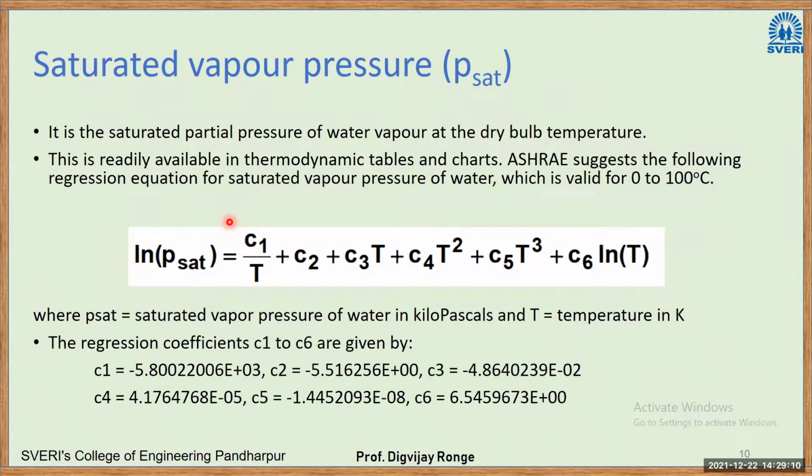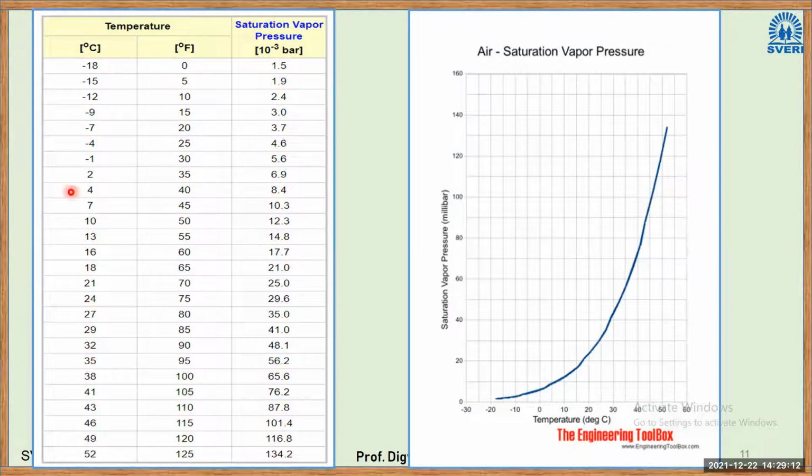So we have seen the tables. Here is the table. For every temperature value, we have a saturation vapor pressure value. Suppose the outside temperature is 32 degrees Celsius, and if by any chance the partial pressure of water vapor reaches 48.1 millibar, the air will be saturated.